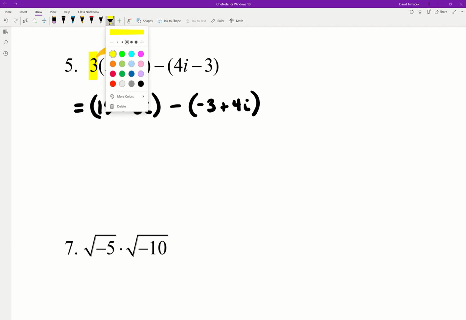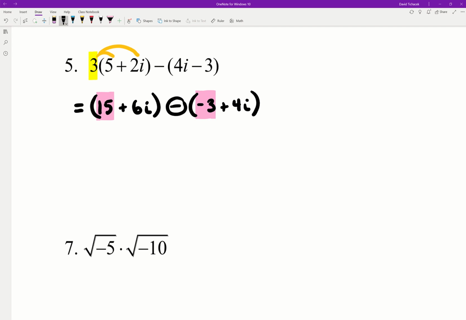And then when you subtract two complex numbers, you're just going to subtract the real parts and then subtract the imaginary parts. So our real parts here are 15 and -3. Just keep in mind that we are subtracting these two complex numbers. If you wanted to think about it in this way, you could distribute in that negative. So matter of fact, let's just do that. Distribute that negative inside. We would end up here with 15 plus 6i, dropping those parentheses because there wasn't a negative in front of those.